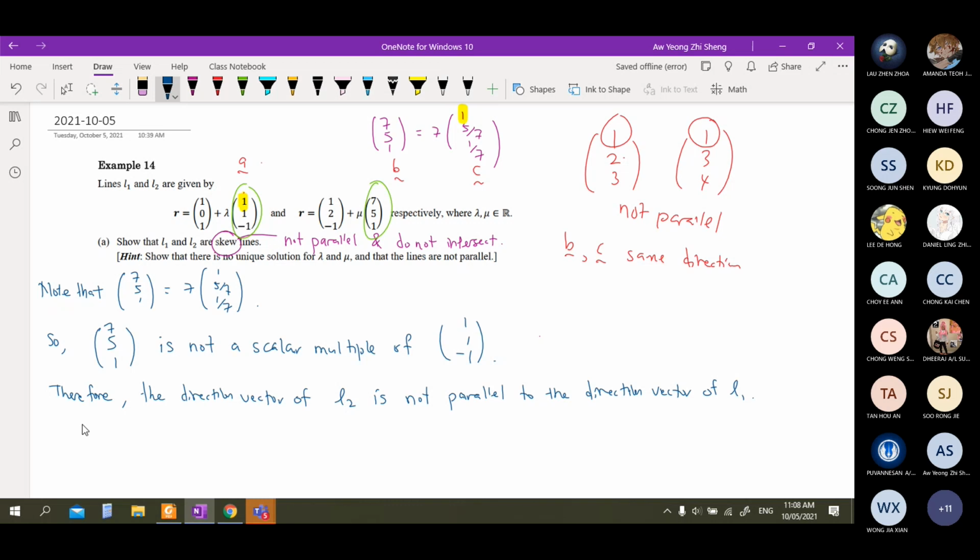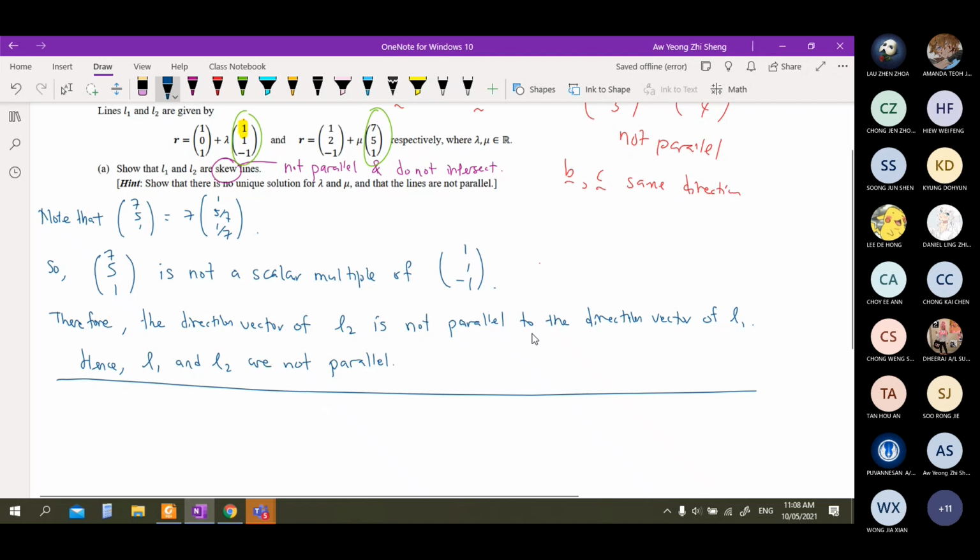Then we can say the lines L1 and L2 are not parallel. This is just to establish that the lines are not parallel, so not much computation is needed. They just expect you to state in sentence form that one vector is not a scalar multiple of the other, then mention that the direction vectors are not parallel, therefore the lines are not parallel.